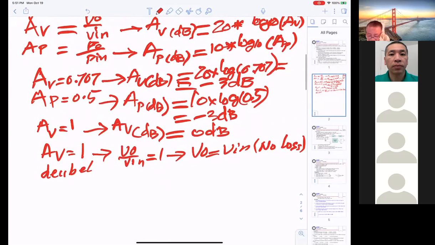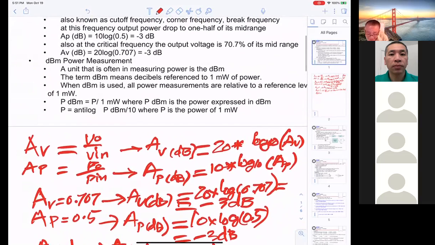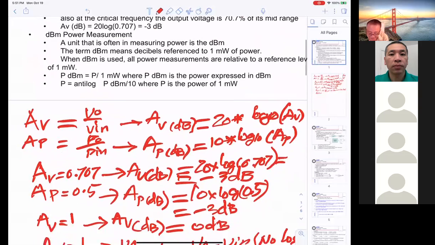They're talking about dBm. What they said in here: the unit that is often used to measure power is dBm. The term dBm means decibel referenced to 1 milliwatt of power.